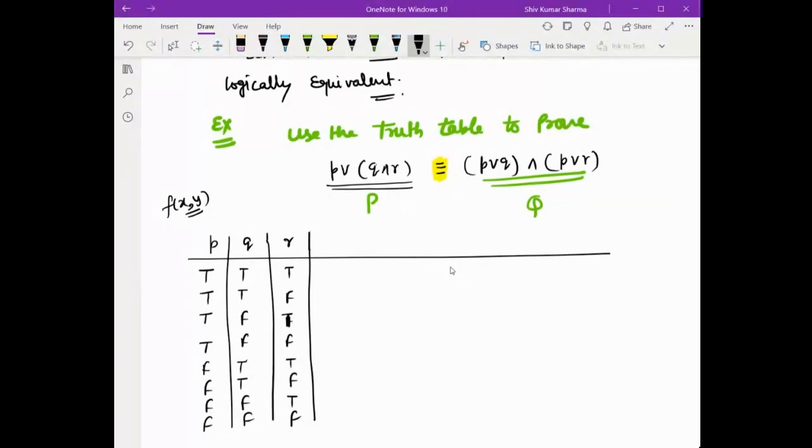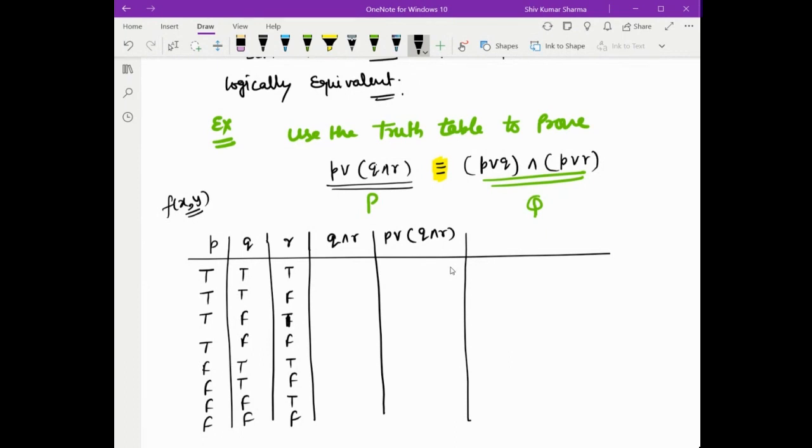Now, according to the question, first we solve the bracket. That means we check the LHS part. So first we calculate Q and R, then we make the disjunction with P. That is our second column for the LHS part.